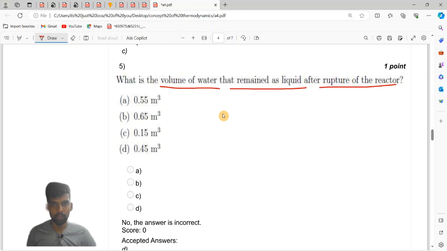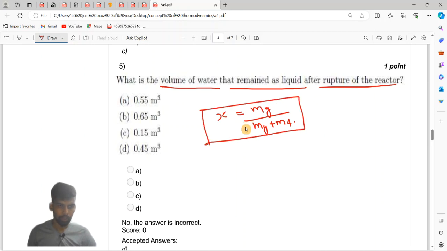For this we need to revisit the definition of quality, that is x is equal to mg over total mass, meaning in the mixture how much mass we have of saturated vapor. Let us denote it by mg. This is our definition. Means in a mixture of saturated liquid and saturated vapor, what is the fraction of saturated vapor out of the total mass?